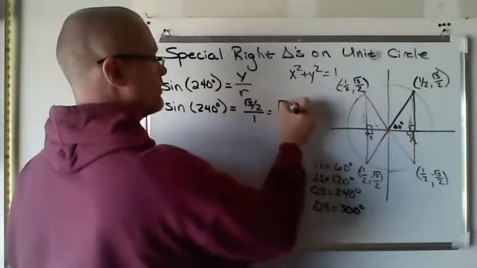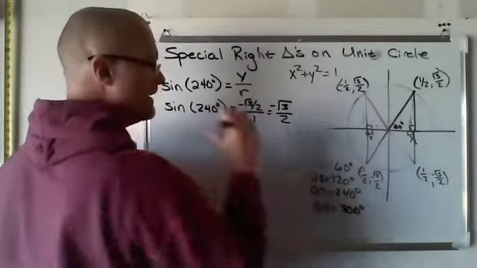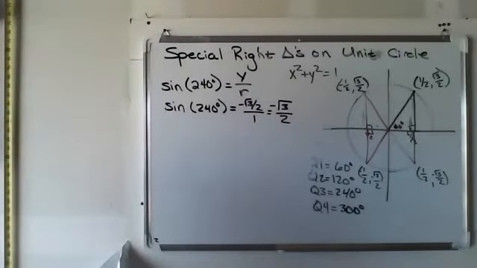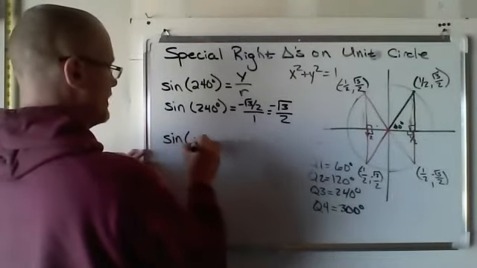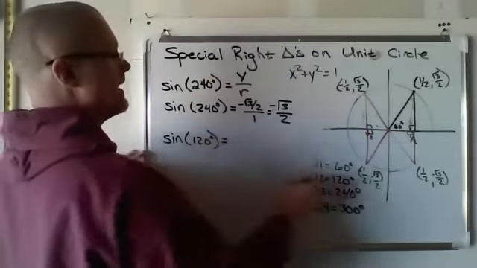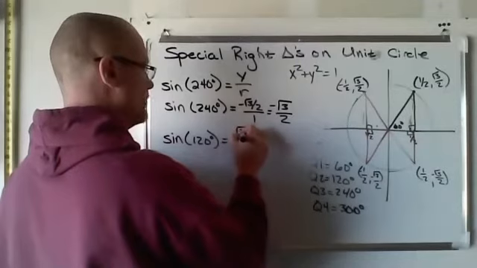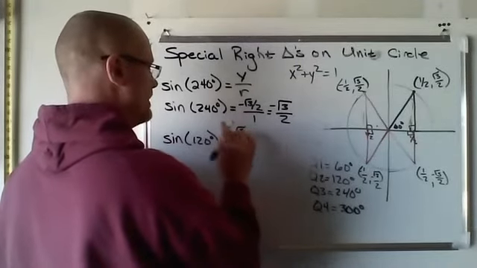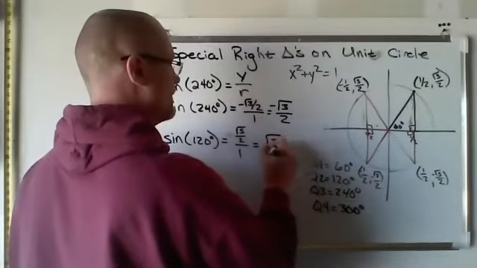So this is just square root of 3 over 2, and it's going to be negative because we're in the third quadrant. If I wanted to take the sine of 120 degrees, that's just the y coordinate divided by the r. The y coordinate is going to be square root of 3 over 2, and it's going to be positive over 1. So this is just going to be square root of 3 over 2.